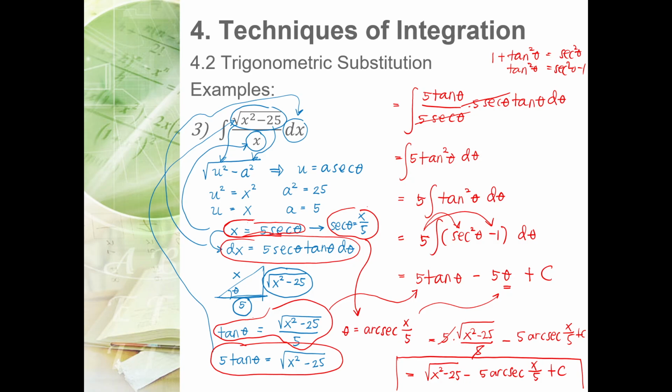Alright, so questions or clarifications? I suggest that you try solving it again, then just learn the blue part first, because I think the red part is more on the integration techniques process. The blue part is more on the trigonometric substitution process first.